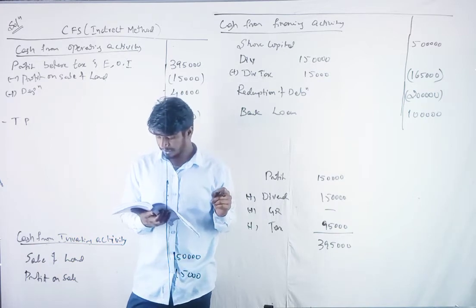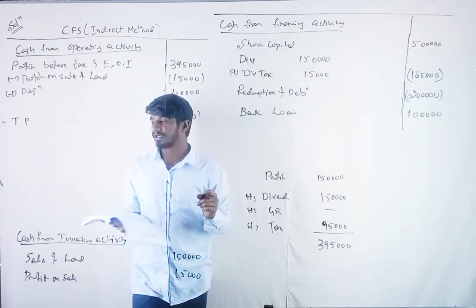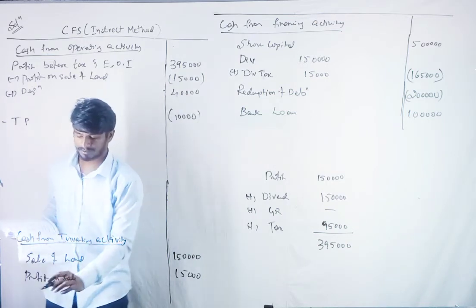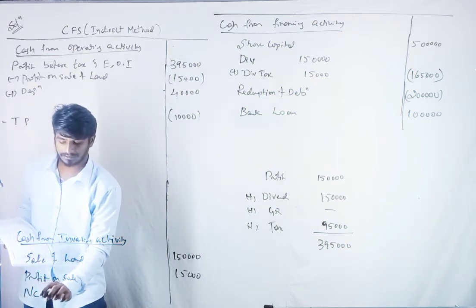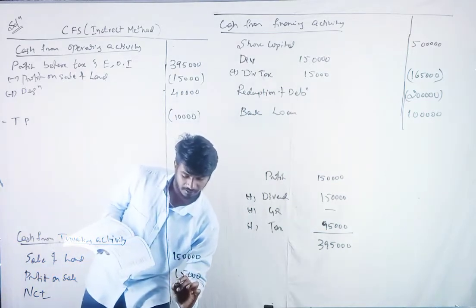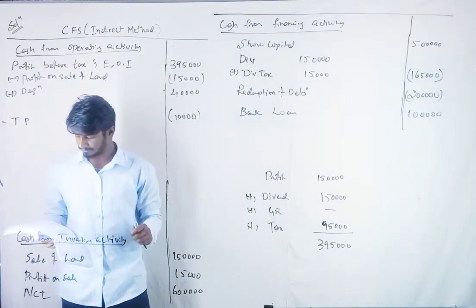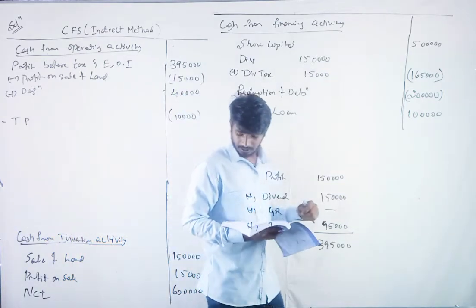Next we have non-current investment, it is 6 lakhs. This 6 lakhs is correct from the previous year, I have written this by seeing this question.